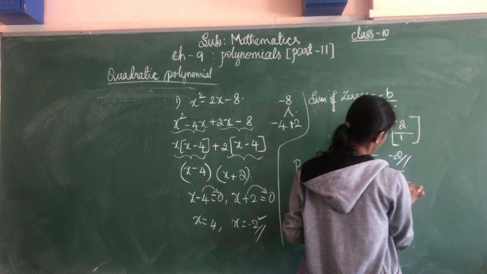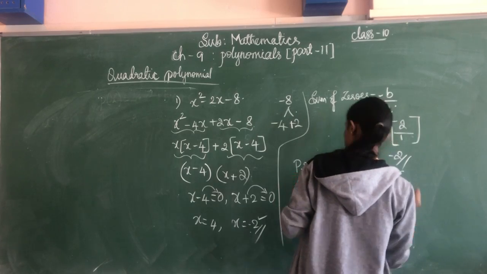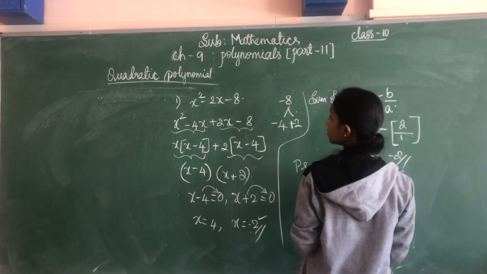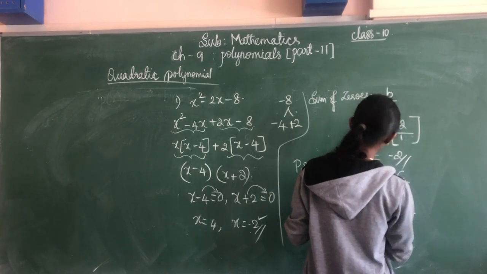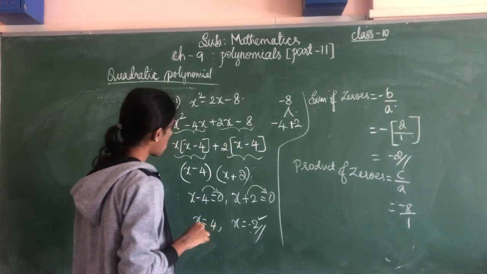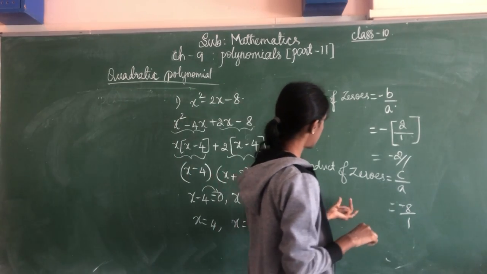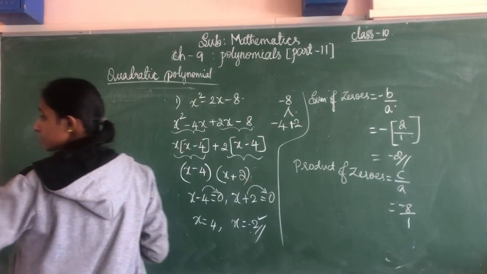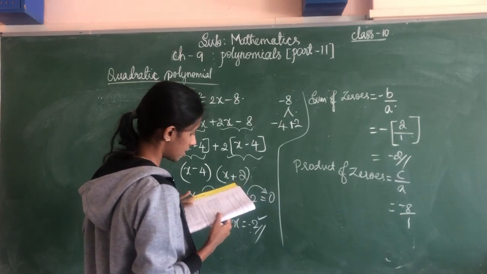It is c by a. What is c? -8. A is 1. Product of zeros is c by a. Is the equation correct? X square minus 2x minus 8.